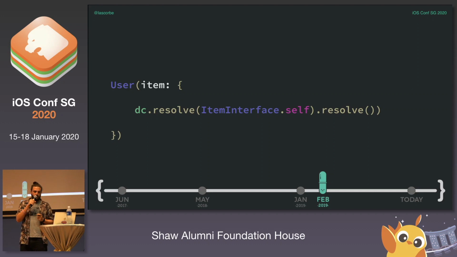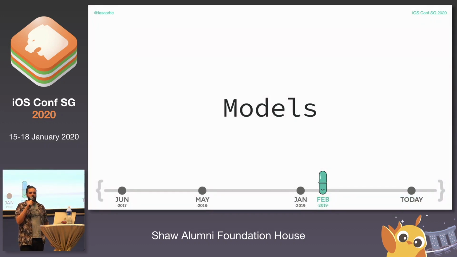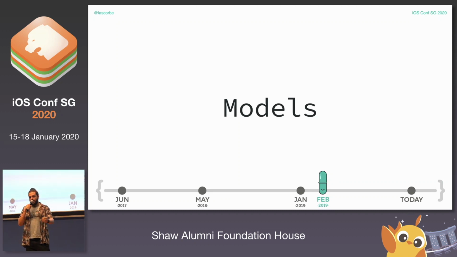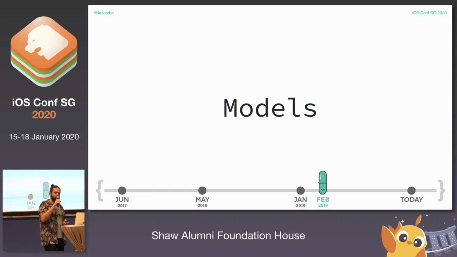Another issue we had was with the models. The thing is that from user, we want to use, for example, the item model, and from item, we want to use the user model, right? And so we had two ways of doing this.